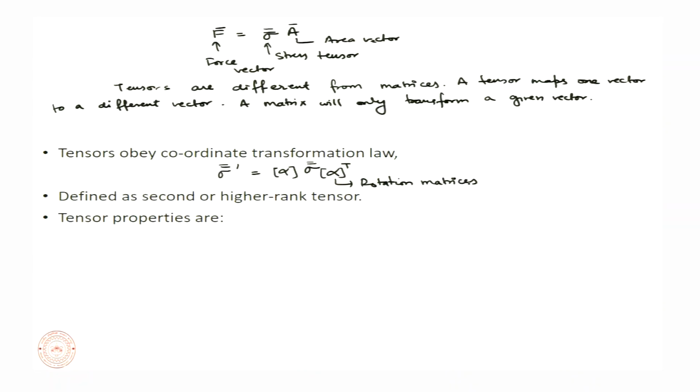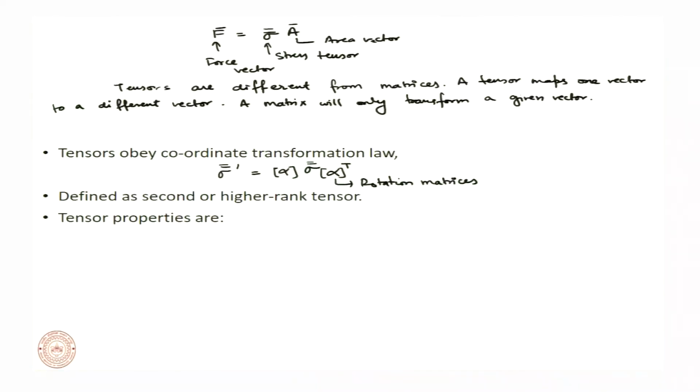So, we can see just like vectors, we are able to rotate or transform a tensor, but the tensor quantity does not change. Tensors will therefore be second or higher order or higher rank, that will have 3 cross 3 or 3 cross 3 cross 3 or 3 cross 3 cross 3 cross 3, that is second ranked, third ranked, fourth ranked and higher ranked tensors.